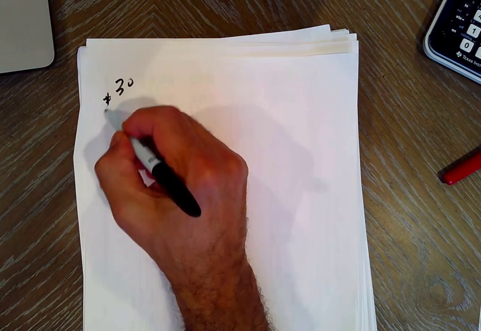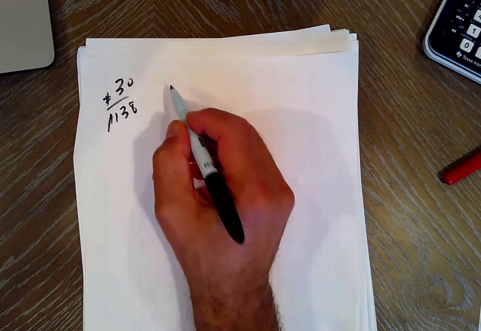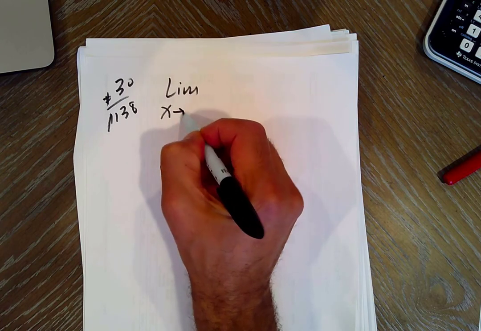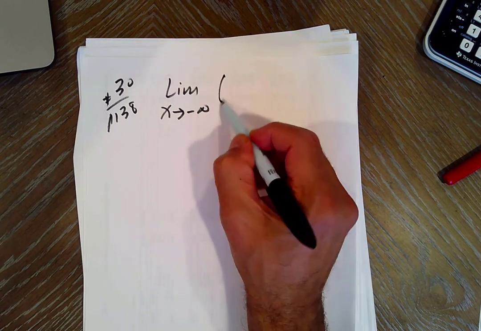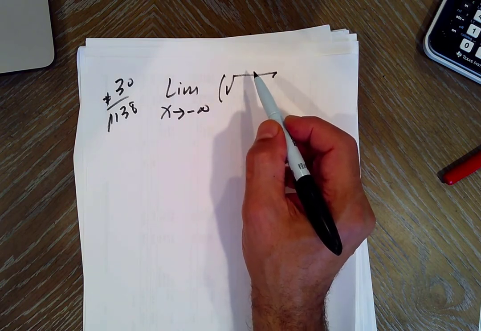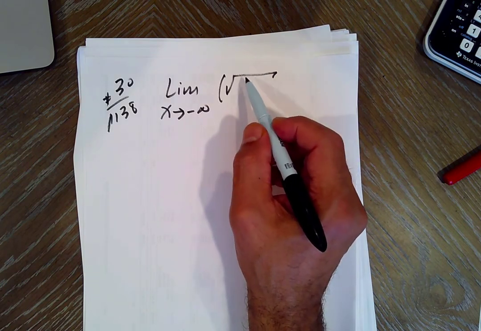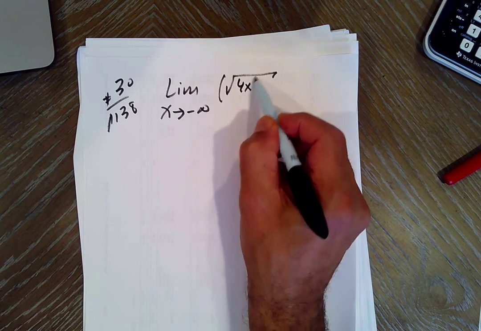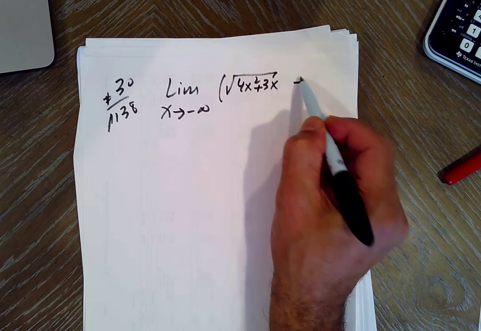Now, if you look at 30, page 138, limit as x goes to negative infinity, square root of 4x squared plus 3x plus 2x.